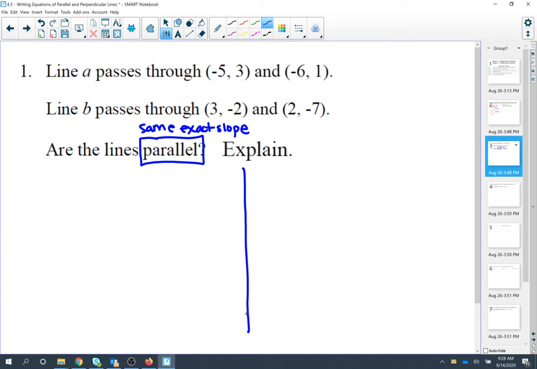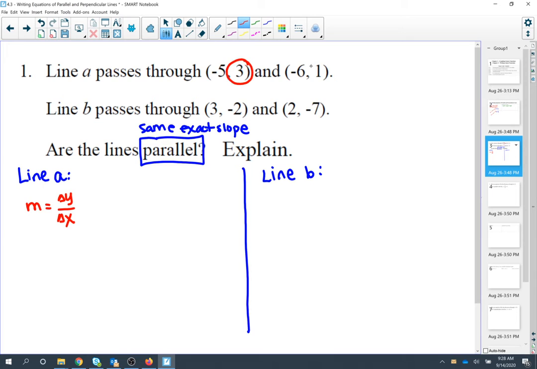So, on the left, I'm going to start with line A, and then on the right, I'm going to start with line B. So for line A, m equals the change in y over the change in x.